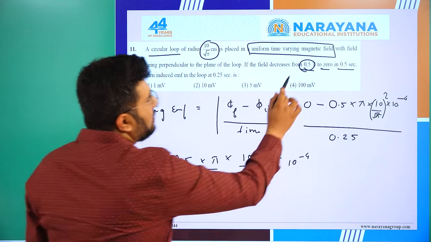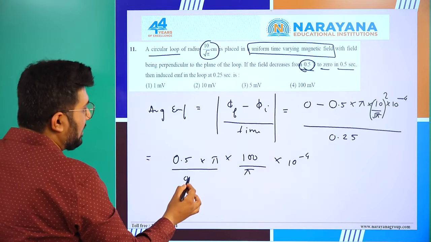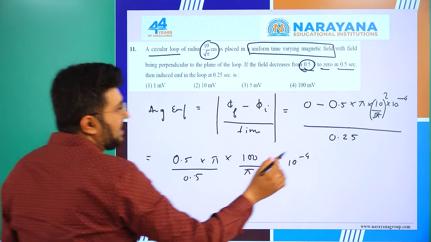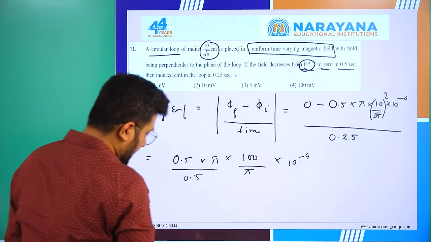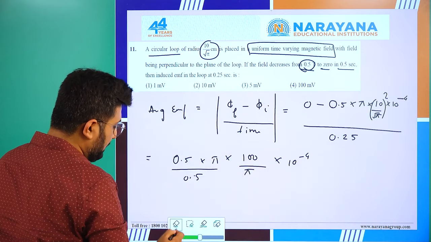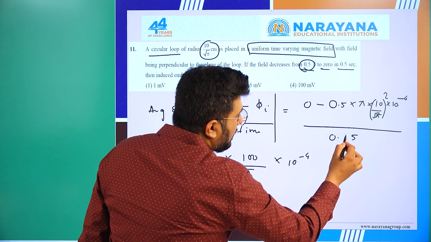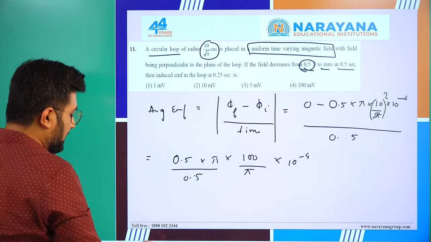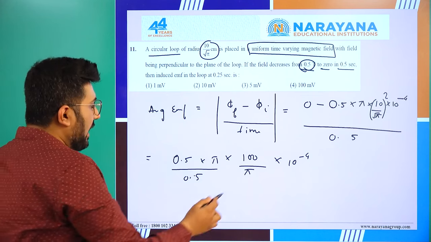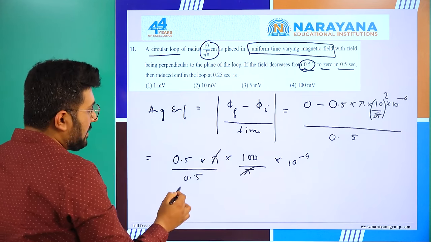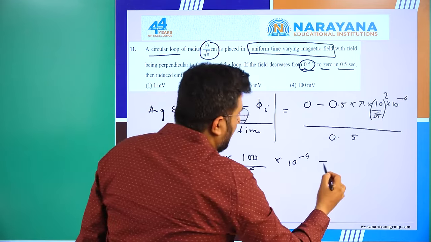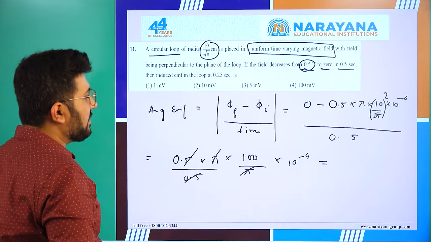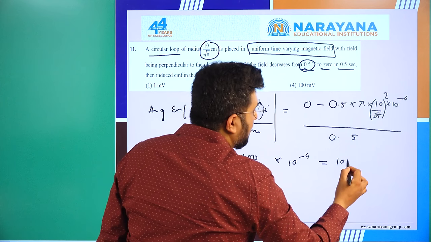Actually, because it reduces to 0 in 0.5 seconds, let's take 0.5 seconds here. So I'll get from here, this is equal to 100 into 10 raised to power minus 4, I can call it 10 millivolt.